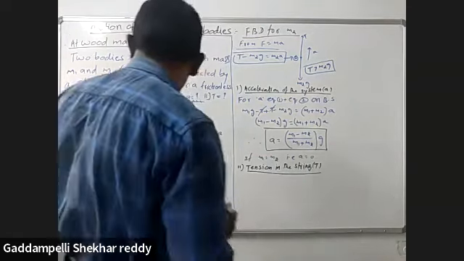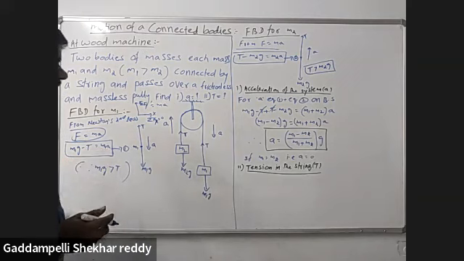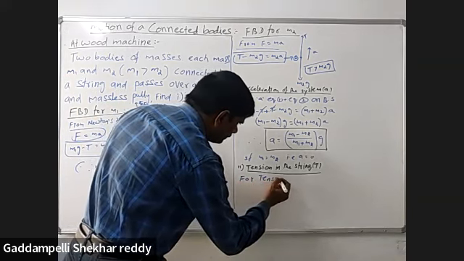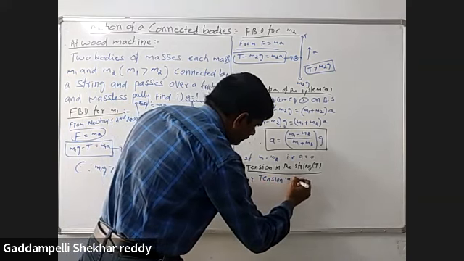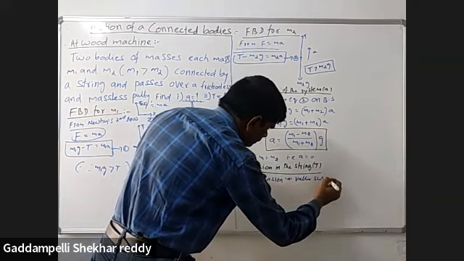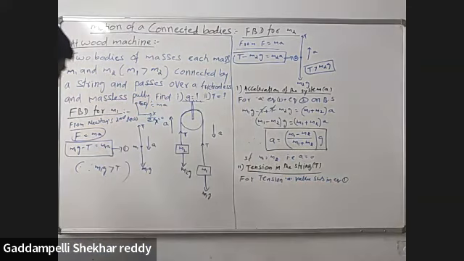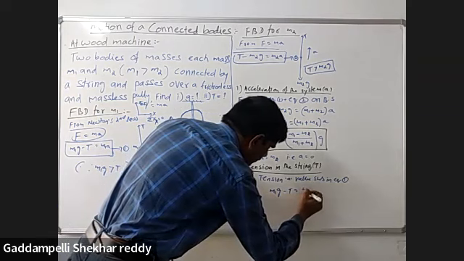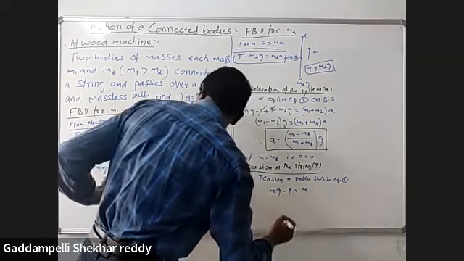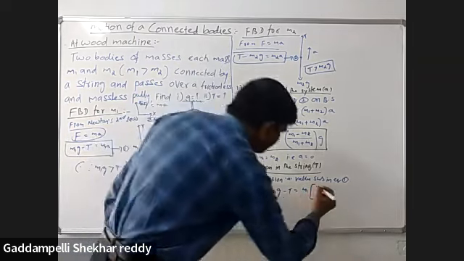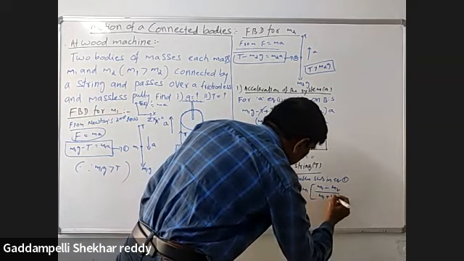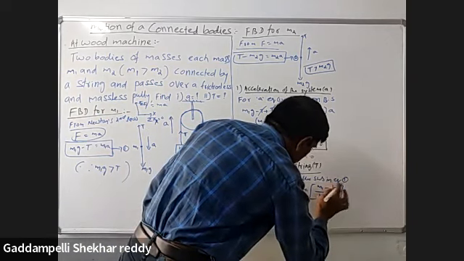Our requirement is tension. Equation 1: m1g minus T is equal to m1a. For tension, substitute the value of a in equation 1. m1g minus T is equal to m1 into the value of a, which is (m1 minus m2) by (m1 plus m2) into g.